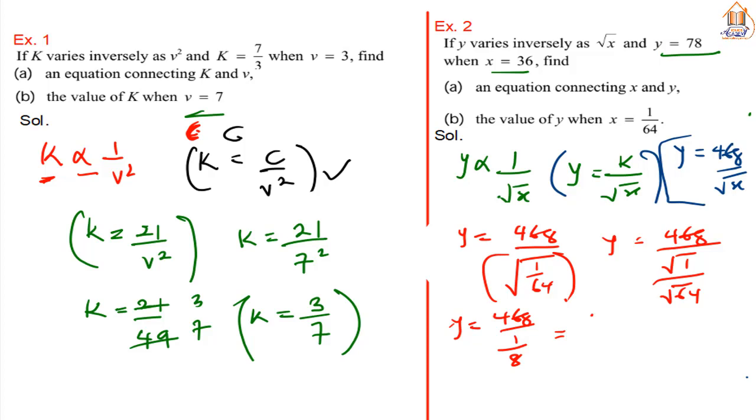Mathematically, we have it as 468 all over 1 times 8 all over 1. Now, what do we do? We are going to multiply 468 times 8, which will give us y is equal to 3,744. So this is the value of y when x is equal to 1 over 64.